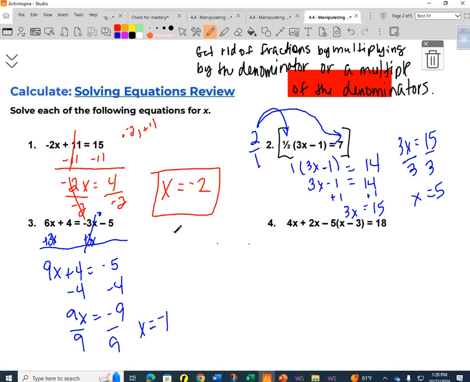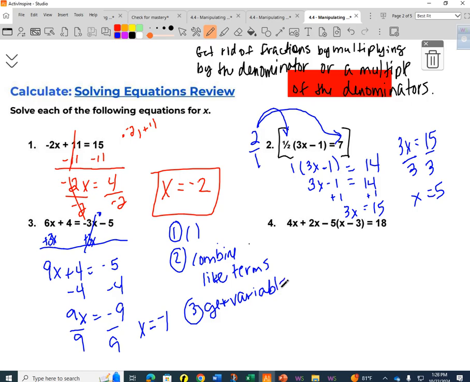So we're going to give ourselves a couple of steps. 1, get rid of parentheses. 2, combine like terms. 3, get the variables on the same side, or get the variables on one side.